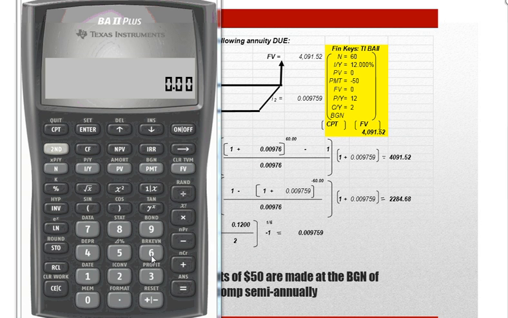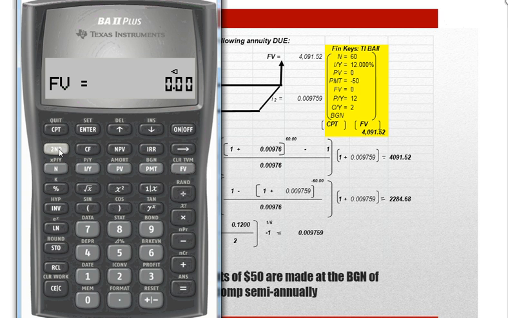So we have 60 for N, 12 for I over Y, 0 for present value, negative 50, so 50 change sign for payment, 0 for future value.